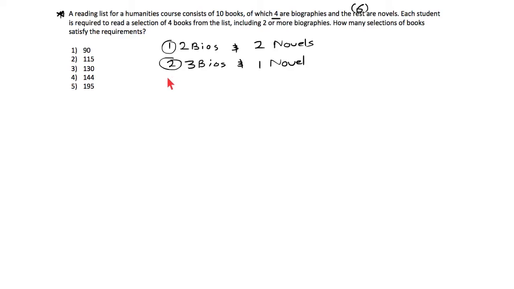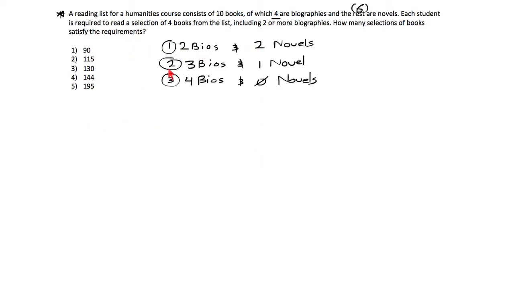And if you're that guy or girl in class, you're really smart, and you want to read 4 bios instead of The Hobbit or whatever. So 4 bios and 0 novels. You've got 3 different possibilities, but that's not the answer, obviously.